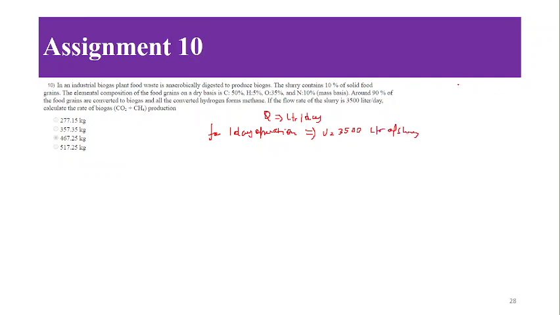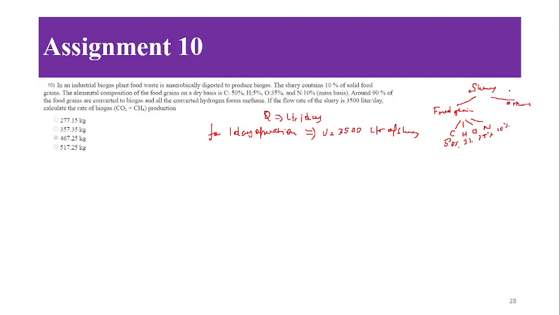Firstly, we dissect the slurry in the form of slurry, food grains, and other components. So food grains may have different components such as C, H, O, and N. And here we see this is 50%, this is 5%, this is 35%, and this is 10%.